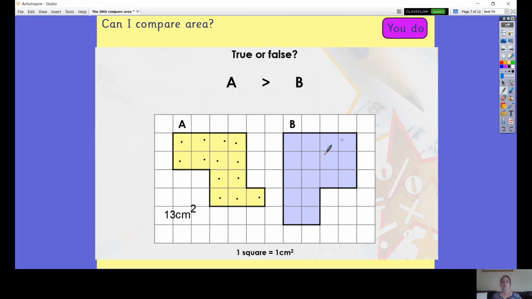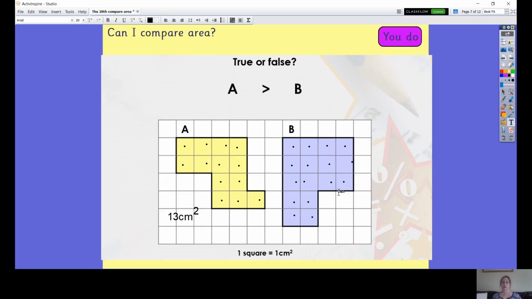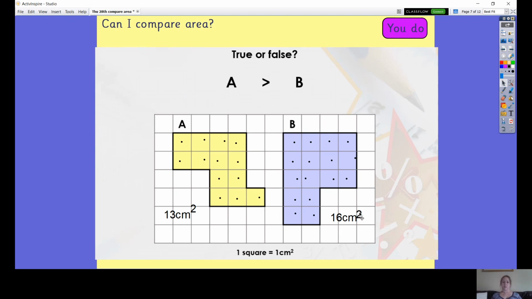And then let's have a look at this one. 1, 2, 3, 4, 5, 6, 7, 8, 9, 10, 11, 12, 13, 14, 15, 16. 16 centimetres squared is going there.